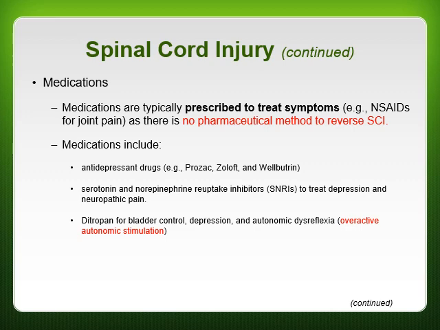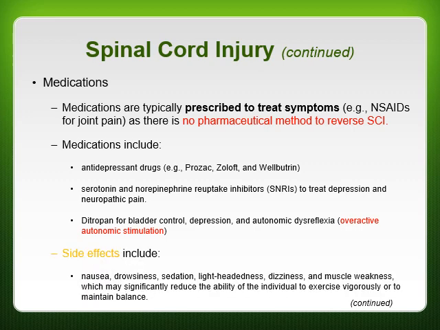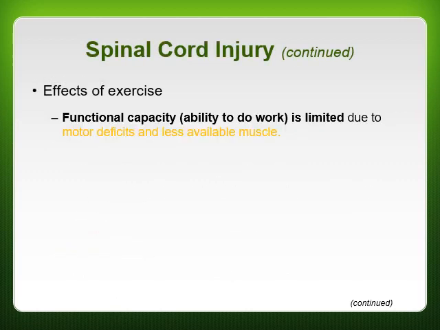If they have issues, which they will if they're paralyzed in the trunk and in the waist down, diazepam for bladder control, depression, autonomic dysreflexia, so overactive autonomic stimulation, and lots of side effects as a result. These can significantly reduce the ability of the individuals to exercise vigorously or to maintain balance, besides what the injury already does to them.